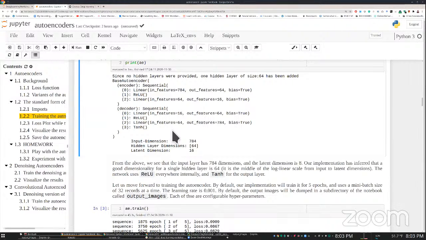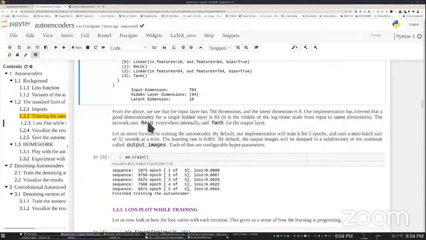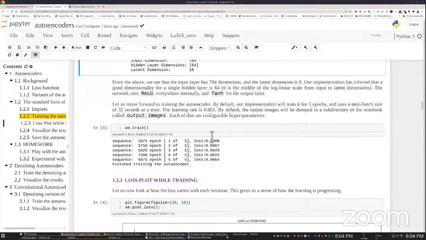If you remember, I mentioned that tanh is much easier and faster to train, but sigmoids are very slow to train. Do you guys remember that from one of the first sessions we did? Prefer tanh; if you have to go sigmoid, use tanh instead. You could have used sigmoid, it would have worked just as well. But this is it. So now you train the network. Here I am just training the network.